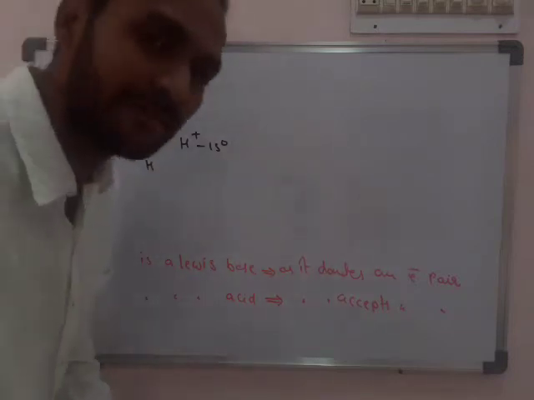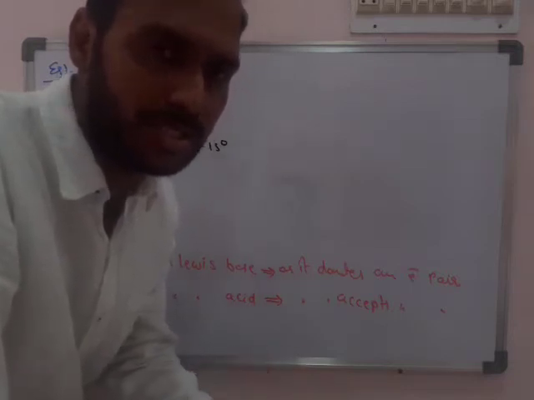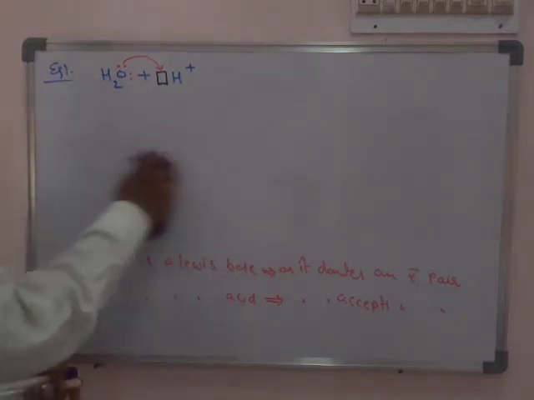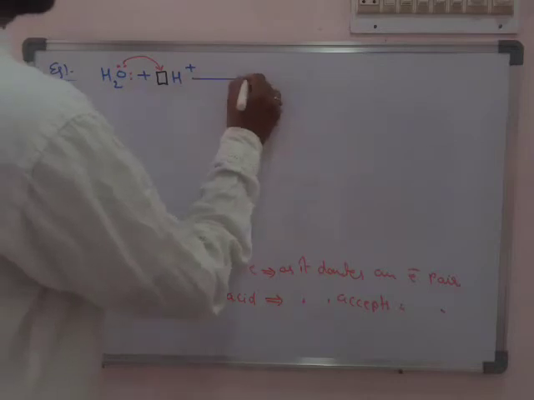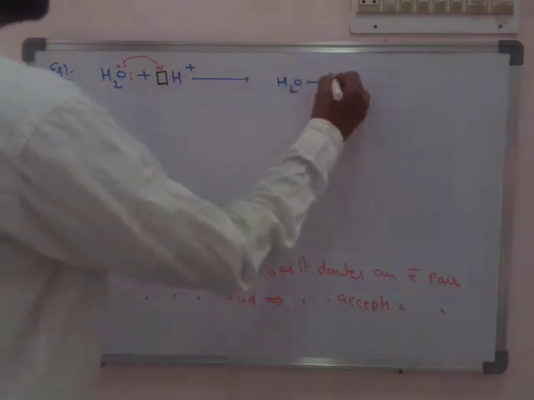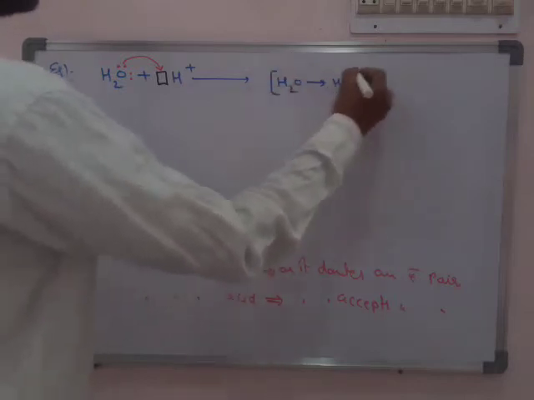Even though H2O is having 2 lone pairs on the oxygen atom, it donates only 1 electron pair. So there is a formation of a dative bond between H2O and H plus.